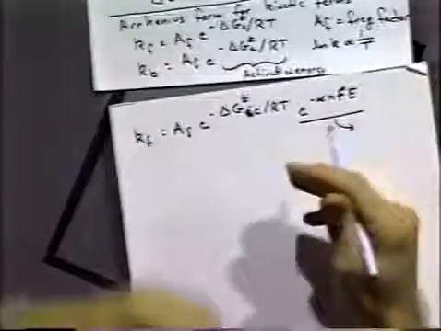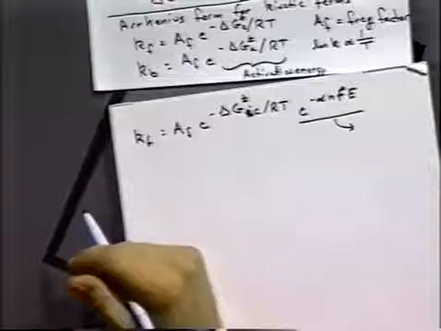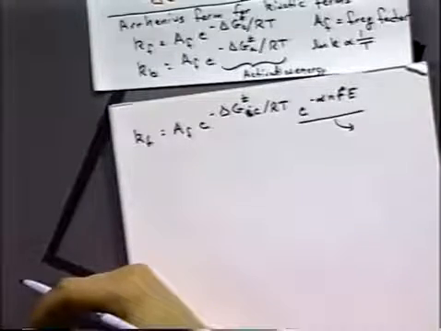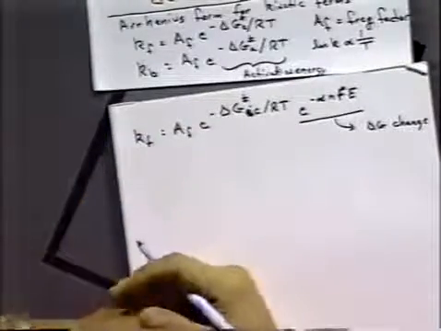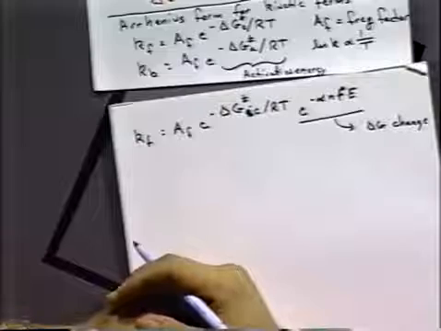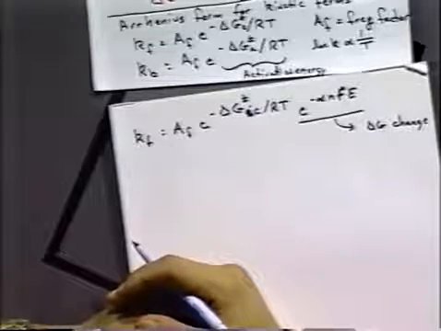And so the activation energy change is this part here. And that's just a delta G change. And so we can take that delta G and convert it back to electrical potentials. So the delta G change is just minus alpha nFE. That should be obvious to you if you go back and look at those expressions. Whatever we've changed, we've just changed it by that fraction alpha, or minus alpha nFE.